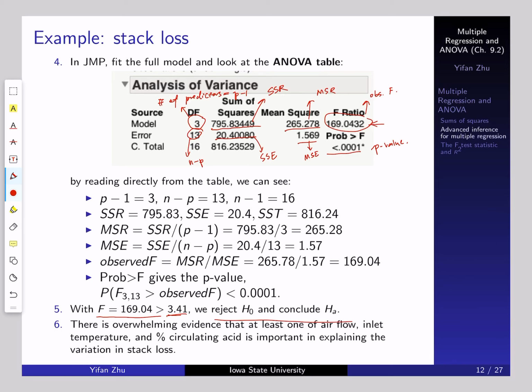So there is overwhelming evidence that at least one of the predictors, airflow, inlet temperature, and the percentage circulating acid, is important in explaining the variation in the stack loss, right? Because the slope for at least one of these predictors is non-zero. So the response would change when the predictor changes.